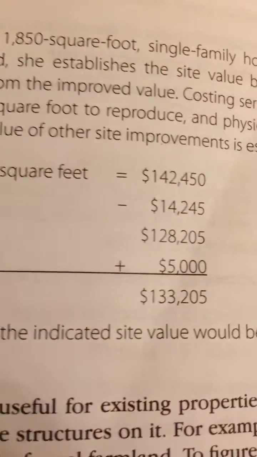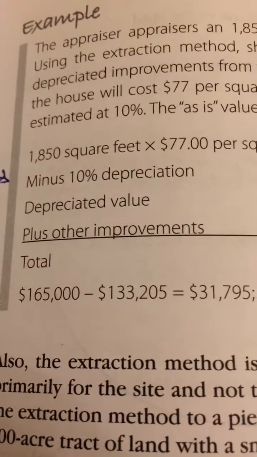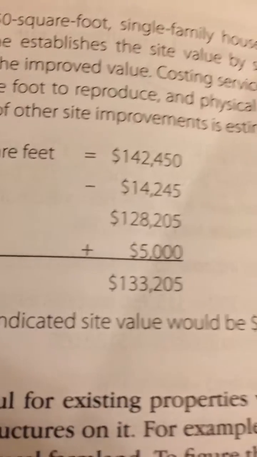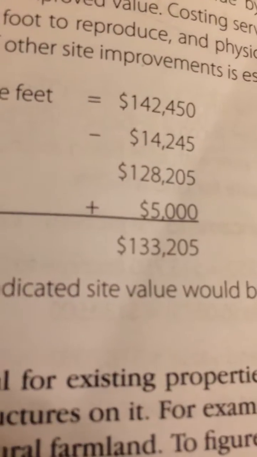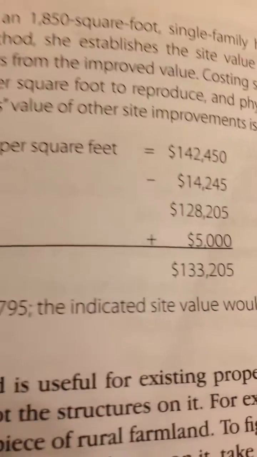Depreciated value is $128,205 plus other improvements, so you add $5,000. Your total is $133,205.